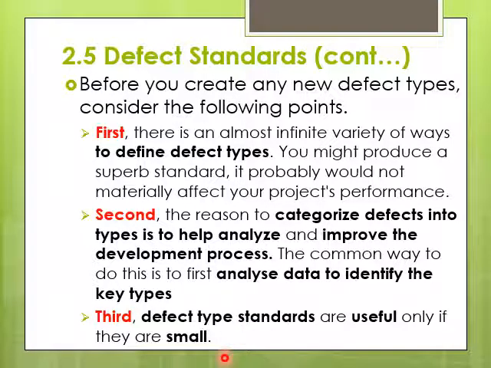The other students found the standard unusable. The more types in a standard, the more errors you will make selecting defect types, and the more time it will take to categorize and record each defect. So if you have quite a lot of defect data that demonstrates the need, then you need to create a new type.